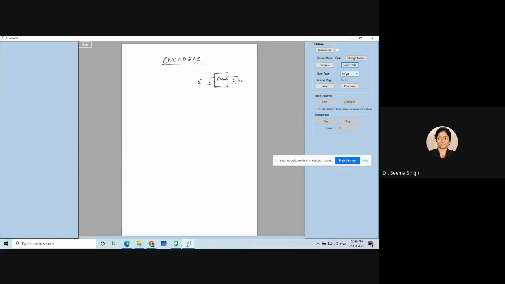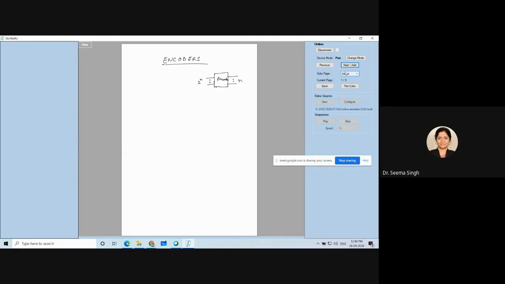So whenever in a communication system, or wherever you use encoders and decoders, the data will be decoded at the transmitter end, and the data will be encoded at the receiver end. Okay, so encoder will be converting one binary code to another, and as I already told, it is just the opposite of decoder.